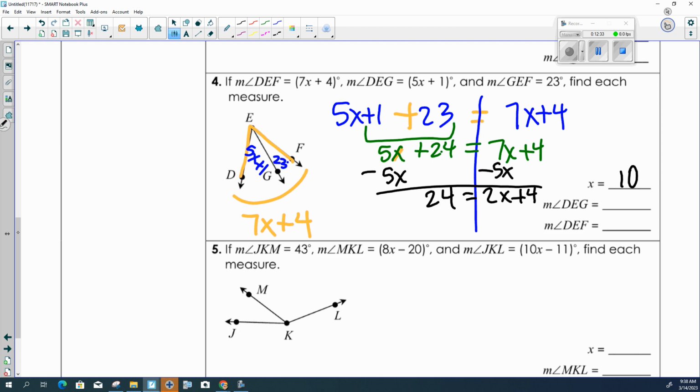I'm seeing it's 5x plus 1, but I know that x is 10 because Cooper told me that. So it's 51 degrees. Same thing, if it says to find DEF, which is the big one, well, you can add 51 and 23, or you could use this expression. Instead of 7x, we know x is 10.